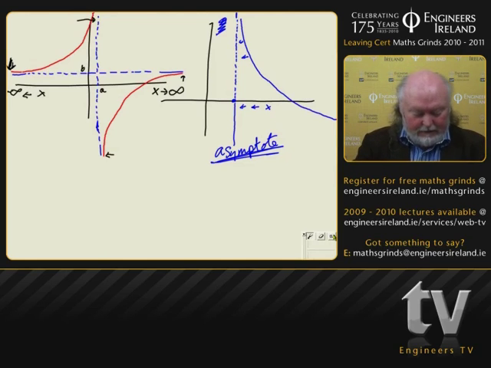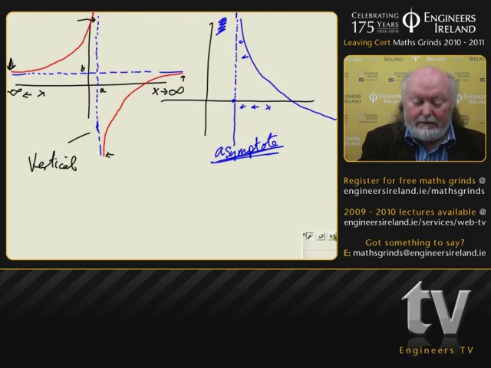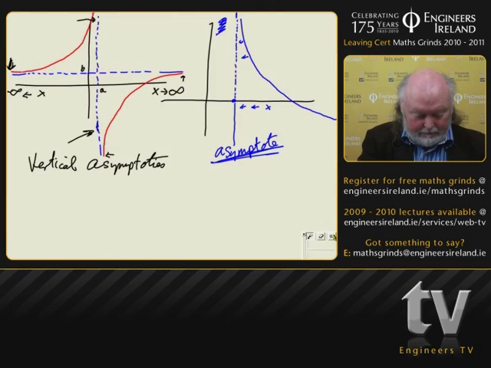So what we need is a means of being able to work these things out, to find out horizontal and vertical asymptotes. The easiest one is the vertical one. These guys here. This normally occurs in rational functions.